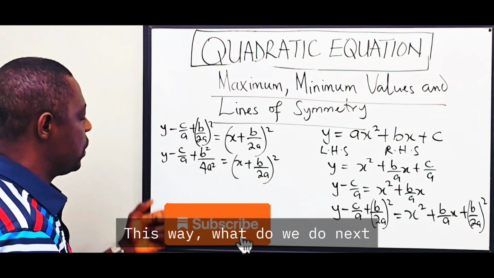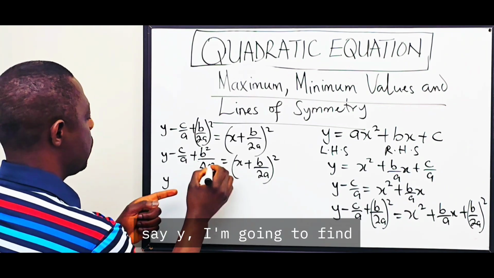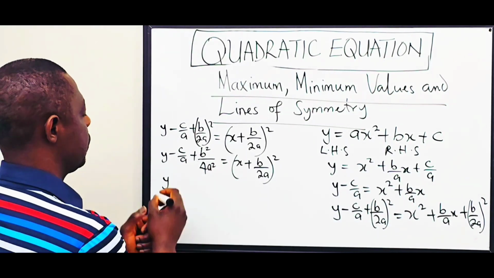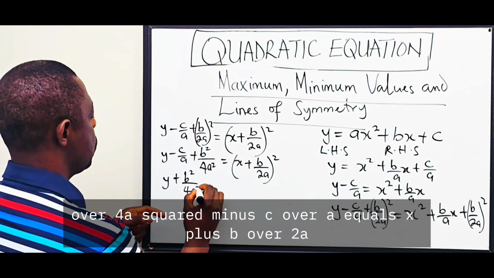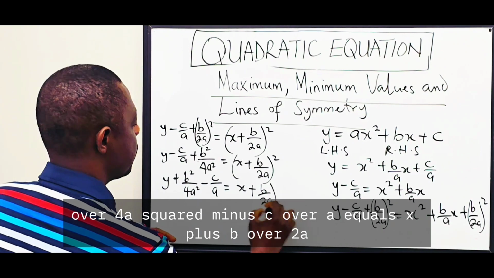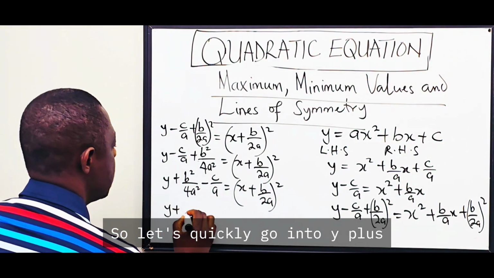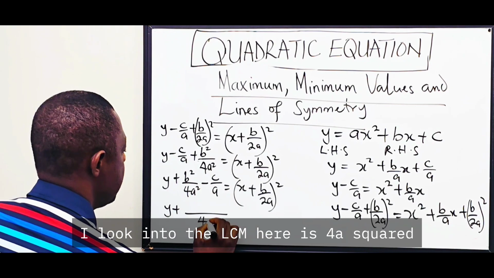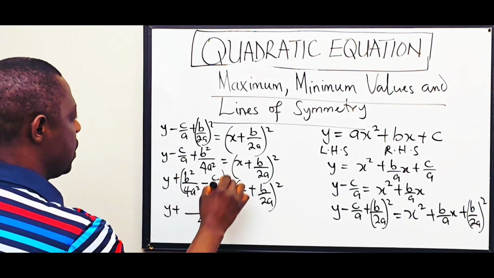What do we do next? I'm going to move c over a across: y plus b squared over 4a squared minus c over a equals x plus b over 2a all squared. So let's quickly look into it.